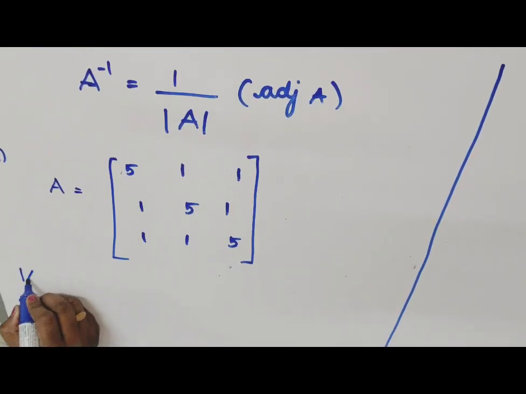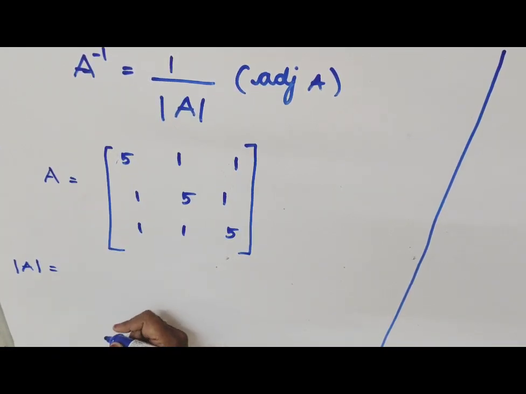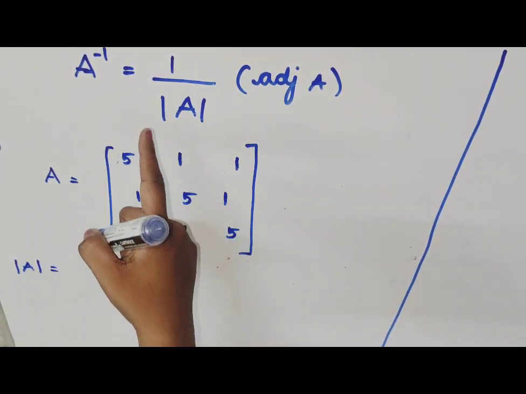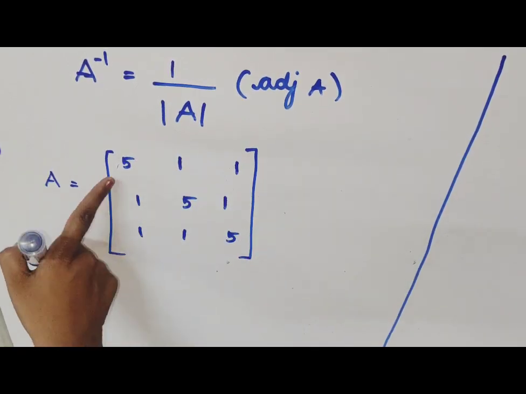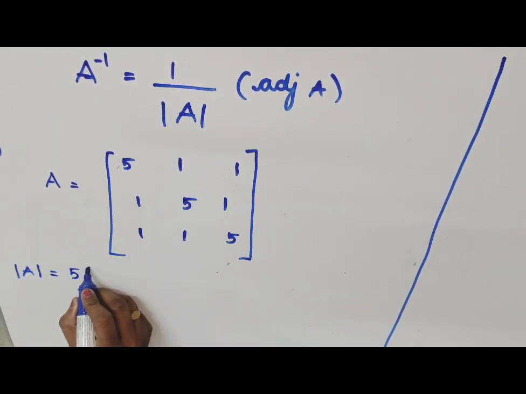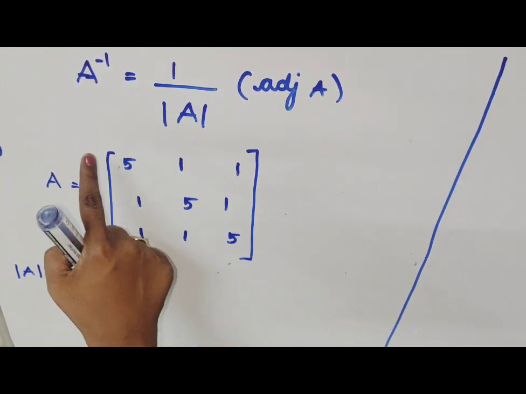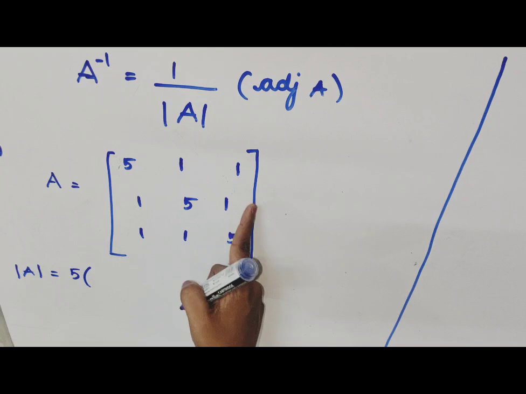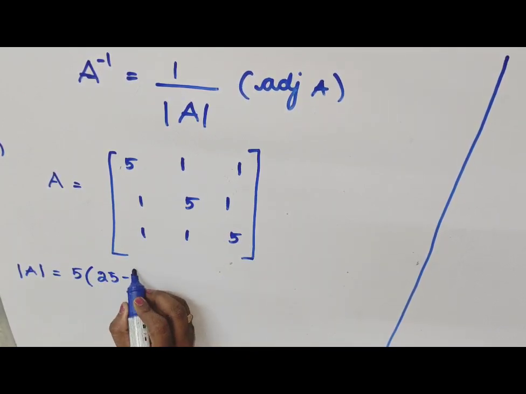To find the determinant of A for a 3 cross 3 matrix, we can consider either row-wise or column-wise. Now we will consider row-wise. Considering 5, we omit the column and the row which are touching this 5. So we get this matrix: 5 fives are 25 minus 1.